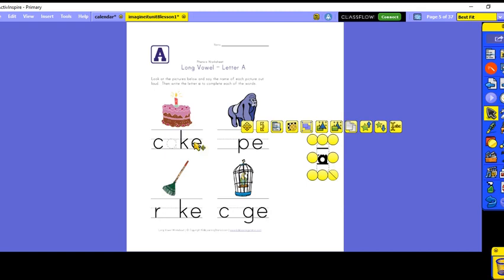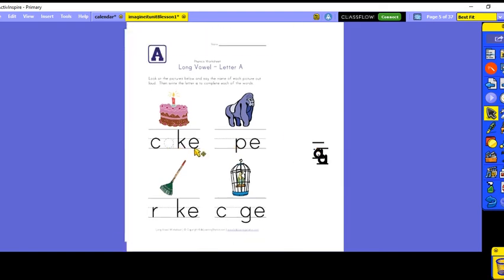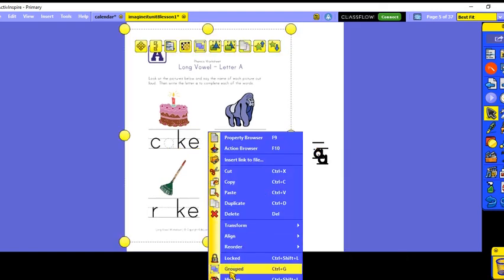Let's put our A right here. Oh, it goes behind it. I see what the deal is. Let me move this to the back for you.